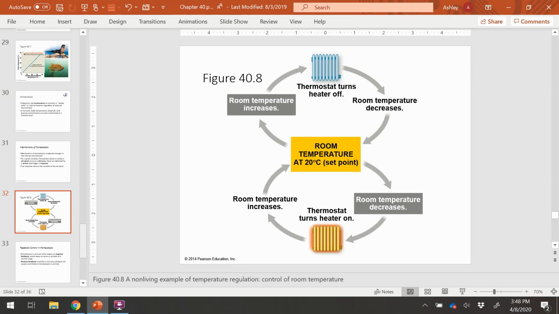If the room temperature decreases, say cold air rushes inside, the thermostat is going to turn the heater on, and the room will warm up. So it keeps that set point by detecting and then responding to a fluctuation.